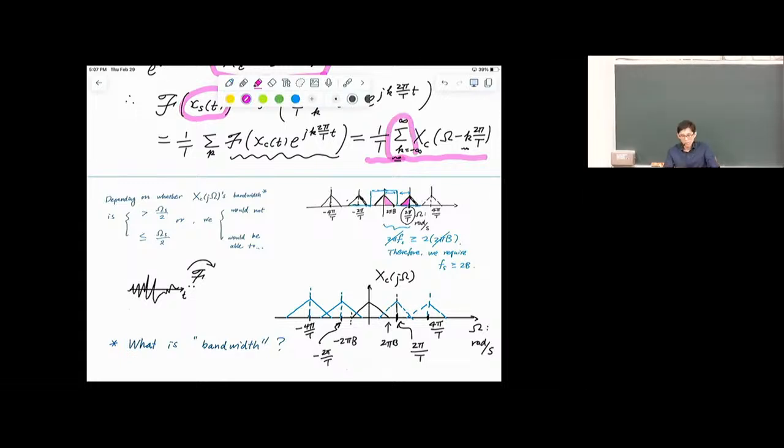So you can see that wherever they overlap, they sum up, and the result may look like that. This is just a cartoon, because remember that the spectrums are complex numbers. So you can argue that the exact shape might not be a flat line, but allow me to use this just as an illustration.